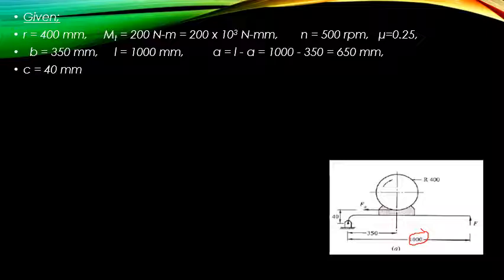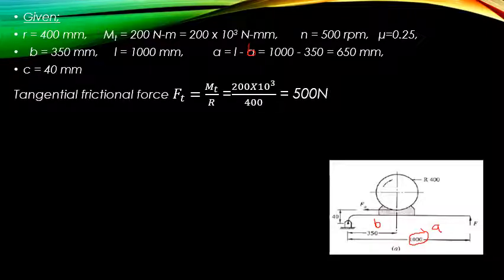If we compare this figure with the figure from the design data handbook, we know that this distance is given by small a, and this is represented by small b. So the length small a is given by the total length L minus small b, that will be 1000 minus 350, that is 650 millimeters.